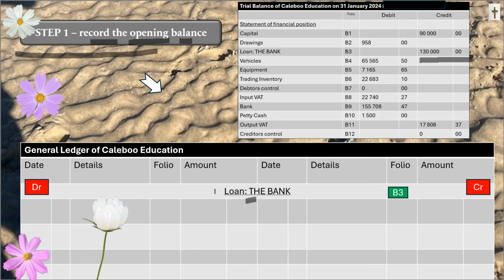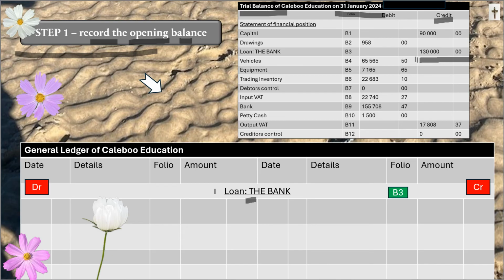130,000. Now that was at the end of January, but the point here is you need to go to the previous month's trial balance and you check what the final balance was, because at the end of January the loan had a balance, a credit balance of 130,000.